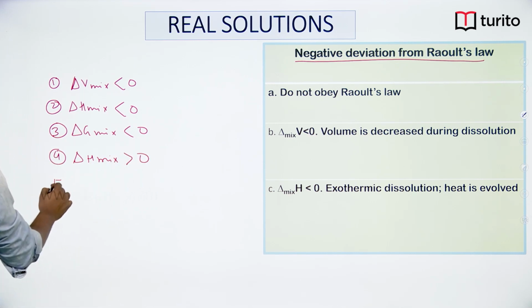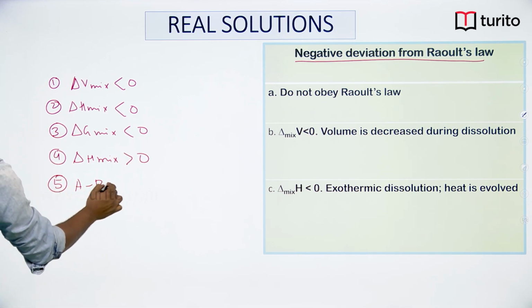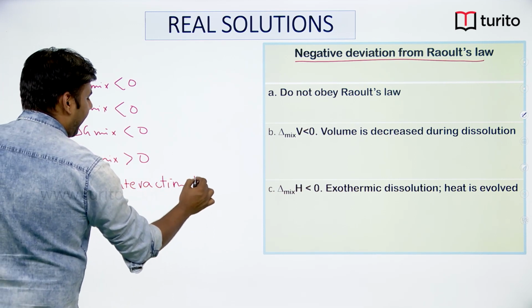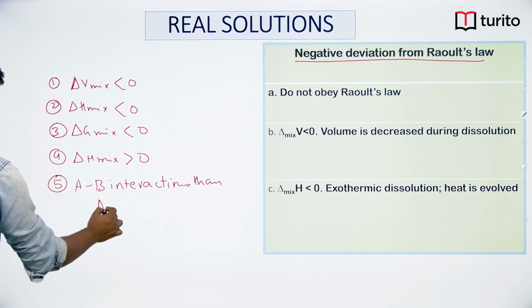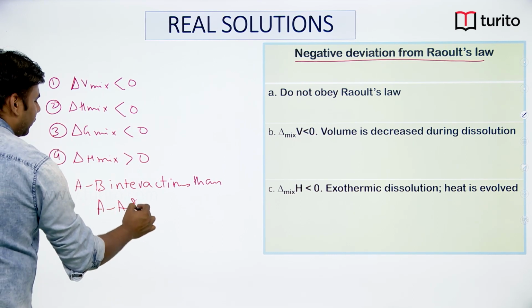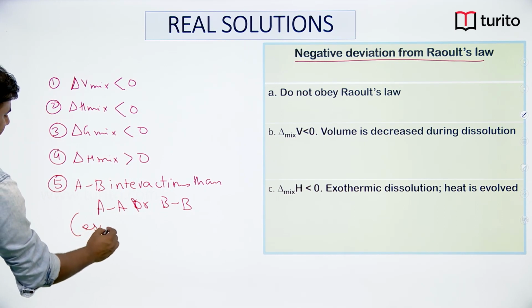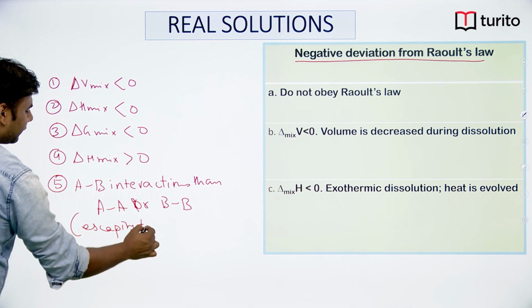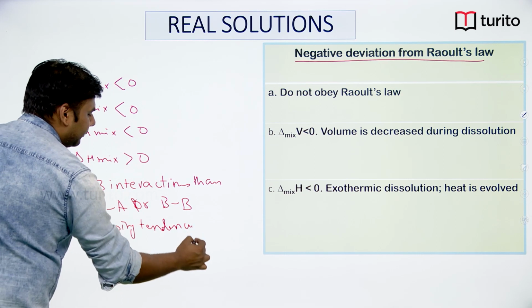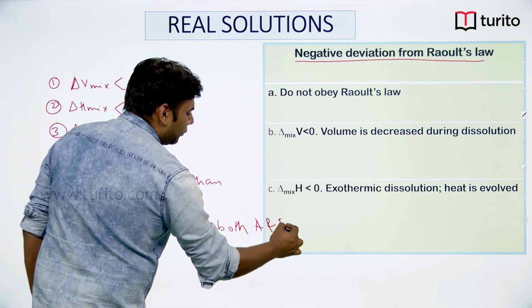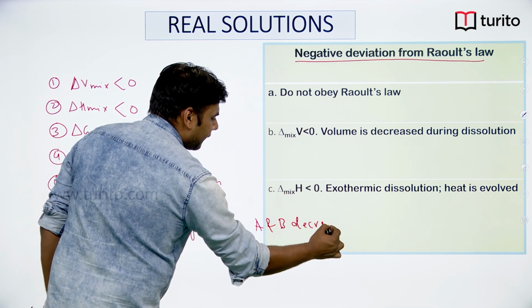And we'll say that AB interactions is stronger than AA and BB interactions, due to which we'll say that escaping tendency of both A and B has decreased.